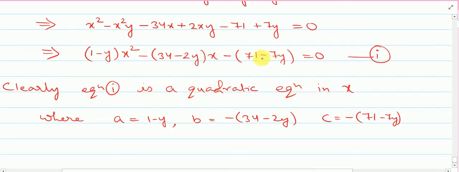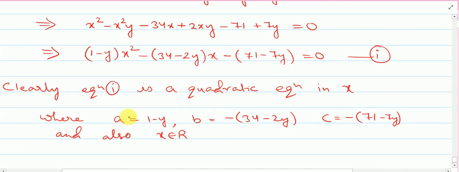So this is a quadratic equation in x where a is this, b is this, c is this, and also x belongs to real numbers.